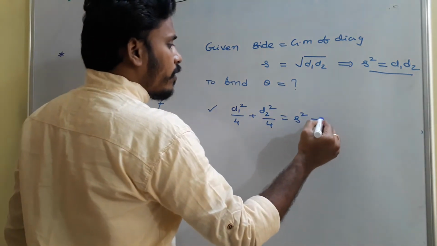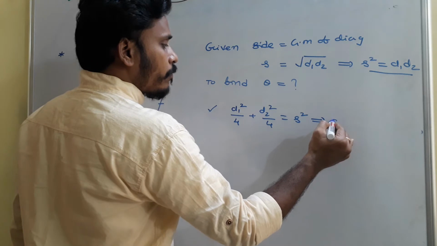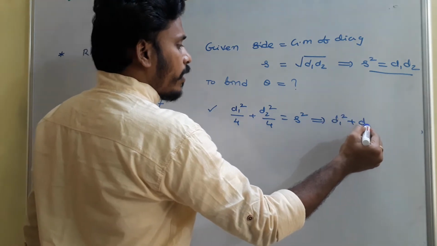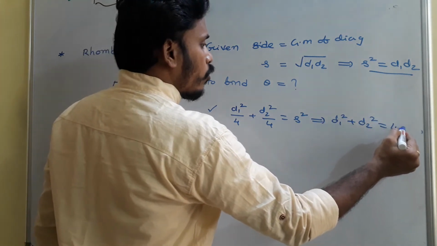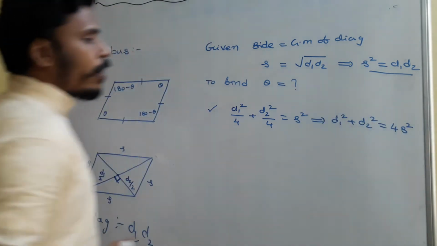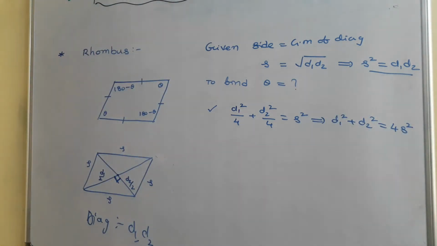This implies d1 square plus d2 square equals 4s square. So we have different relations: S square equals d1 d2, and d1 square plus d2 square equals 4s square.